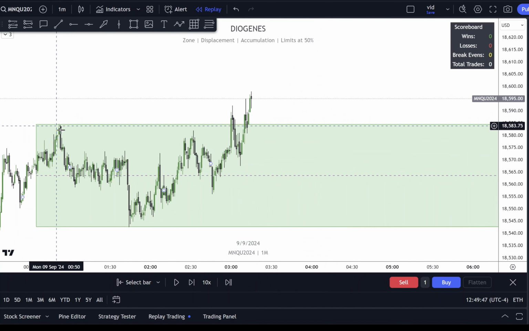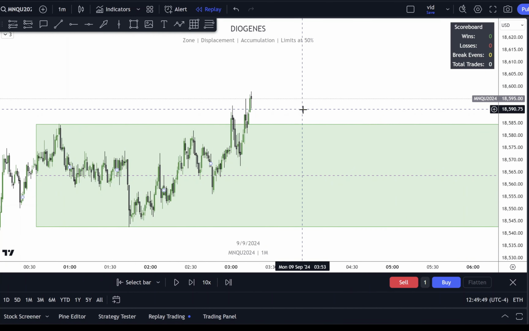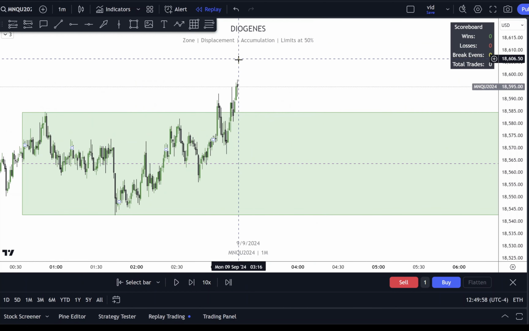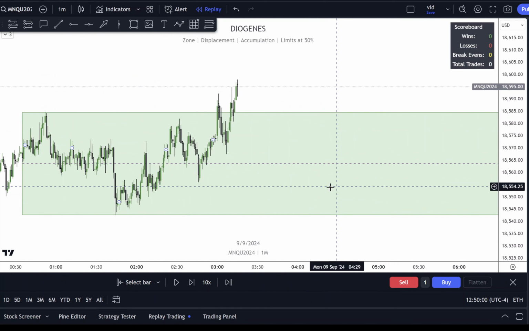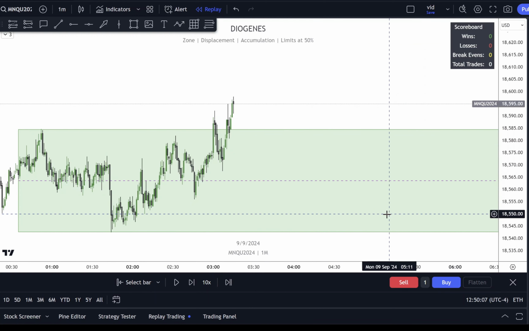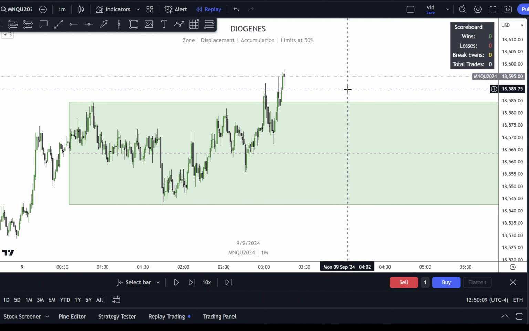Remember, higher time frame high taken, we expect a change of order flow. So if we change the order flow in M1, it will facilitate the 50% retracement or something deeper if they want. And then we will change the order flow another time for more bullishness.